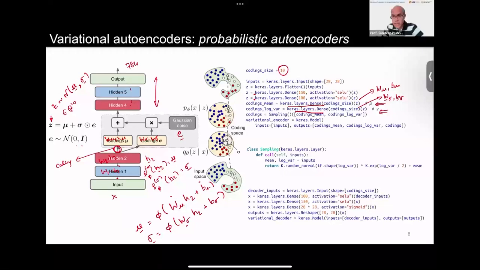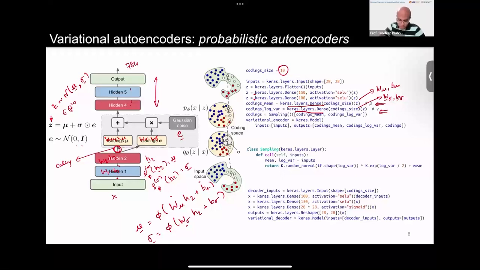Now, related to the question from Rupesh, it's not multiple distributions, it is the same distribution of Z. H2 is still deterministic, and mu and sigma are also deterministic because they're a deterministic transformation of H2, H2 to mu and H2 to sigma. But since we transform mu and sigma through a standard normal distributed variable E, Z becomes random.